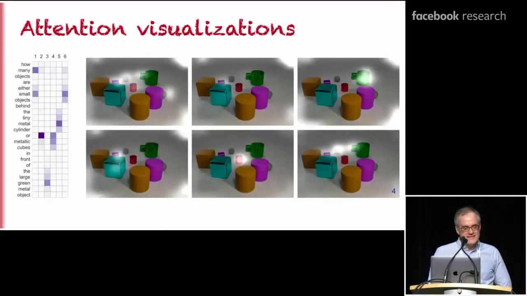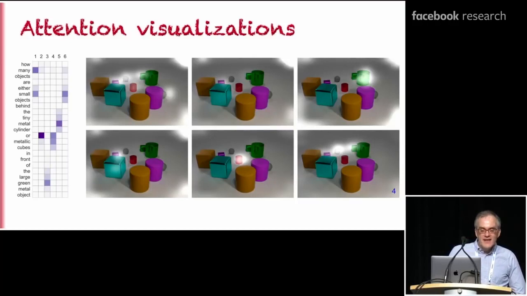Here's a more complex and harder to see example. How many objects are either small objects behind the teeny metal cylinder or metallic cubes in front of the large green metal object? I can barely read this myself. Interestingly, what you notice here, and this is quite common in the way it behaves, is that with a longer sequence model, it'll use the first couple of steps to absorb semantics.